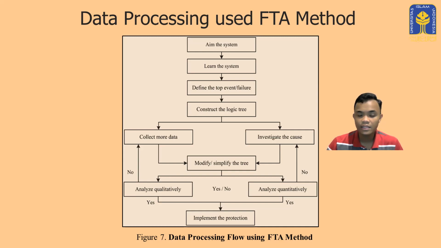If the result is approved, then we can implement the protection or risk mitigation. If it is declined or not approved, we should collect more data and investigate the cause again to gain more data and causes, to make the tree more valid and approved by the Occupational Safety and Health Department, so that hopefully it will be implemented later on if it is approved.